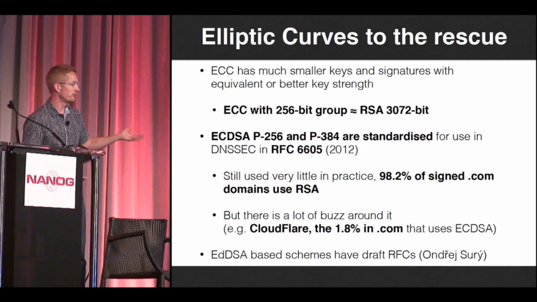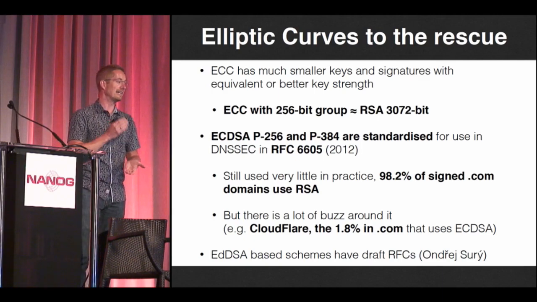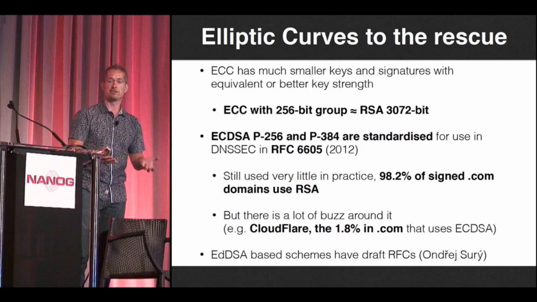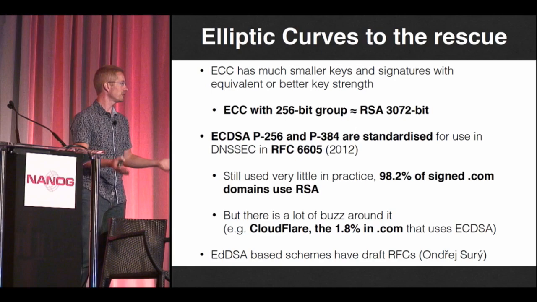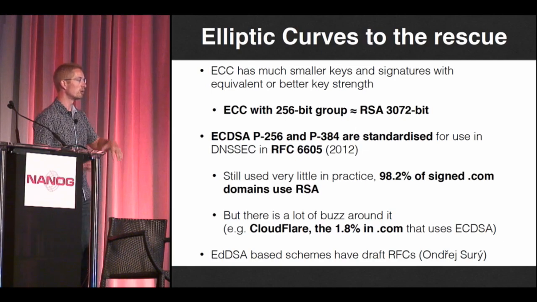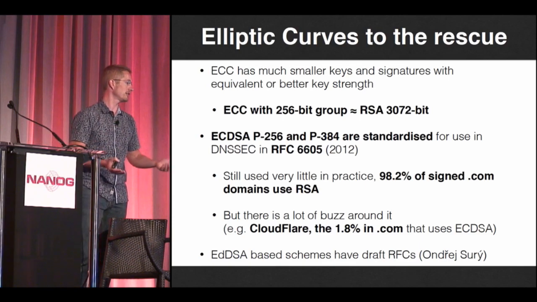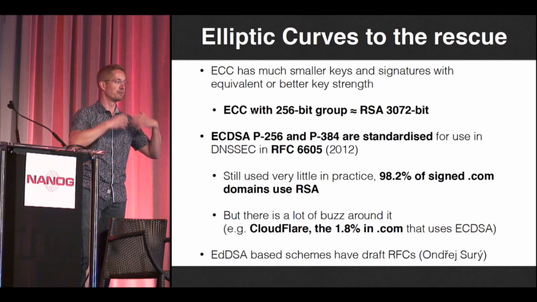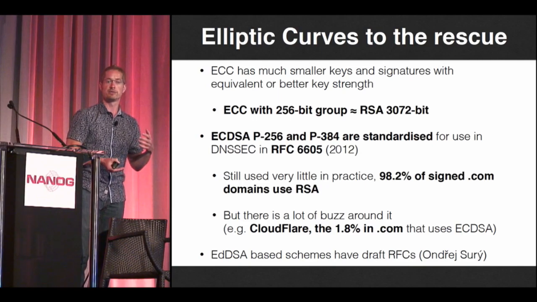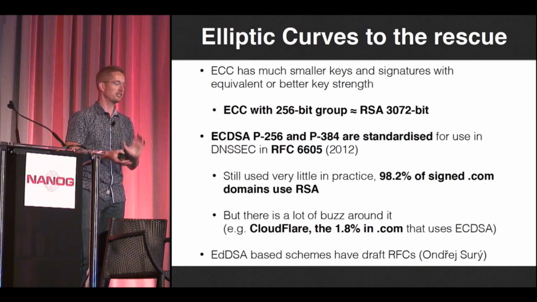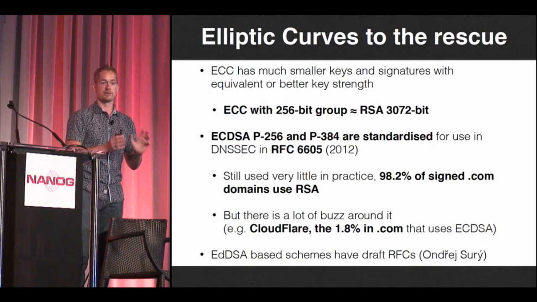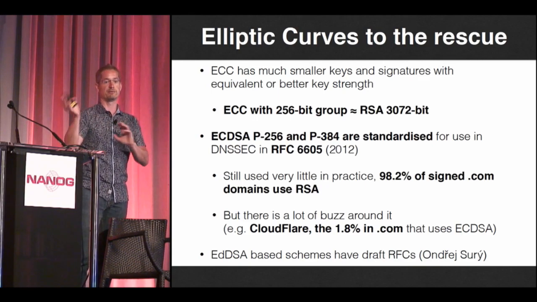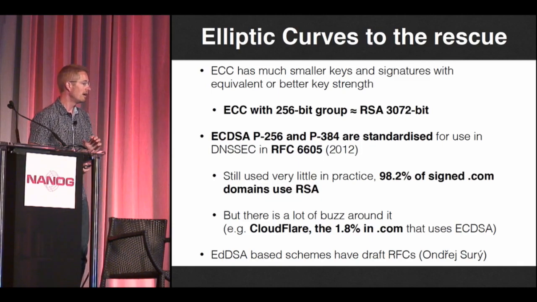As the slide shows you, a 256-bit ECC group is equivalent in strength to 3072-bit RSA, but the signatures are 4 times smaller than 2048-bit RSA signatures. And actually, it turns out that ECDSA, which is one of the elliptic curve signature algorithms, was already standardized for use in DNSSEC in 2012, with 2 curves, one with 256 bits and one with 384 bits.